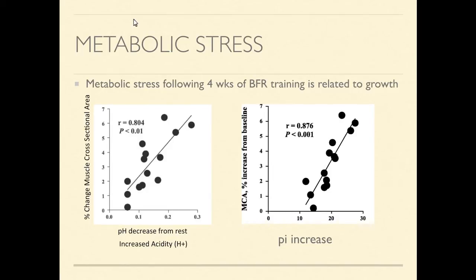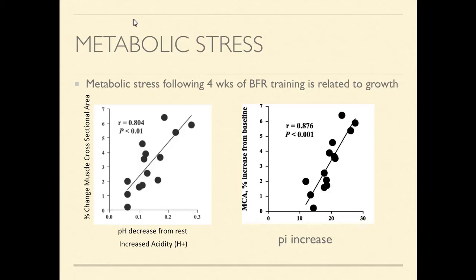This was a tremendous study where they looked at metabolic stress following 4 weeks of blood flow restriction training. To the left, you're seeing how much pH decreases from rest, which is equal to an increase in acidity, and on the horizontal axis you have cross-sectional area. You see that as pH decreases during exercise, cross-sectional area increases, supporting the fact that metabolic stress is important for growth.